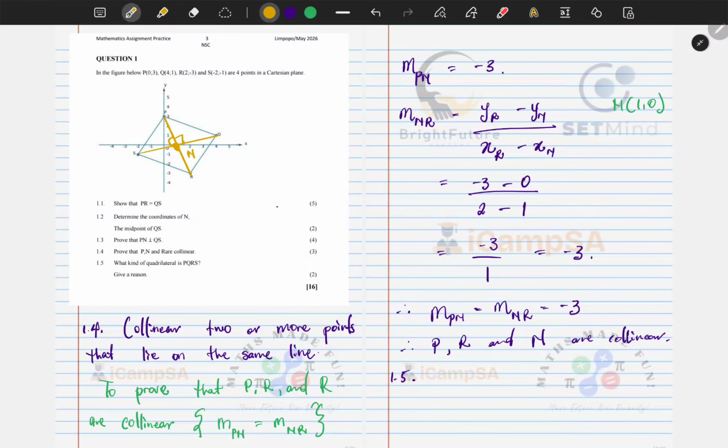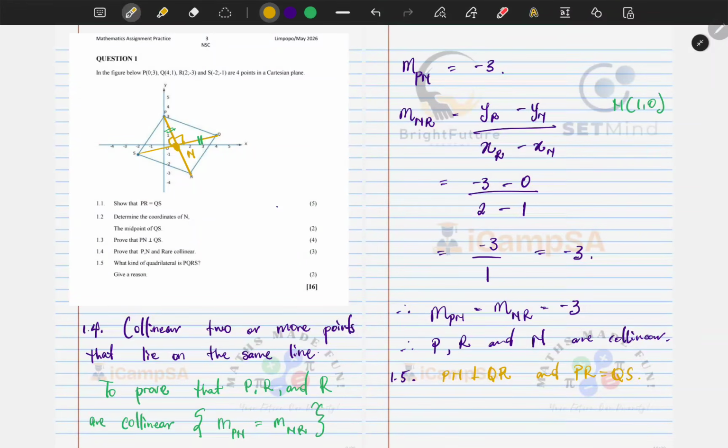Remember we'd already proven that these lines are perpendicular to each other, and also that your PR is equal to your QS, right? We already know that your Pn is perpendicular to QS, and we also know that your PR is equal to your QS, right?